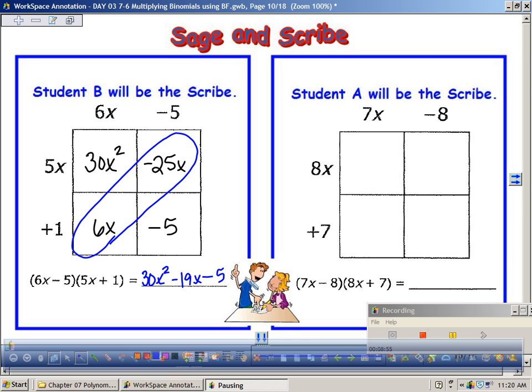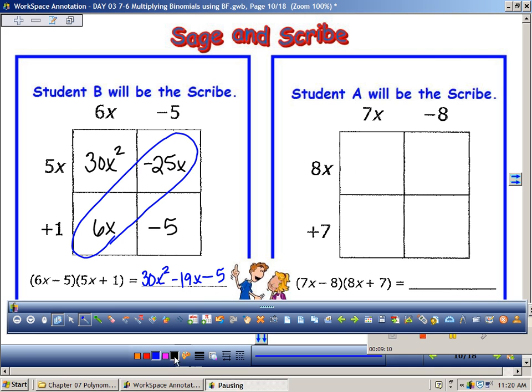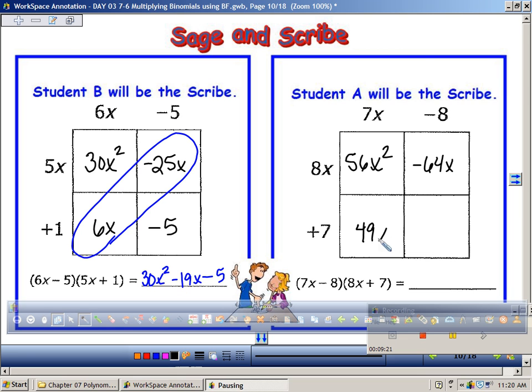All right, let's see. Popcorn. Eduardo, pick somebody. Awesome. All right, Andrew. 56x squared. Perfect. Negative 64x. 49x. Excellent. Negative 56.